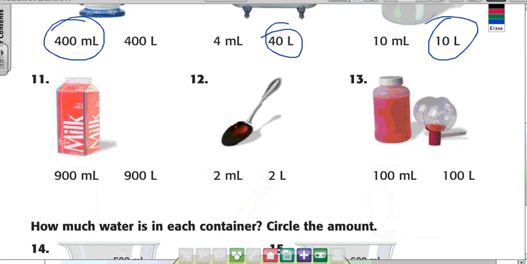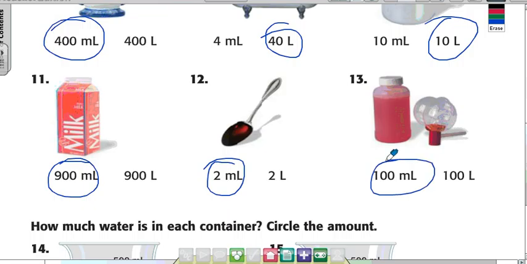So for 11, 12, and 13, that would be 900 milliliters. The 12, a spoon of cough syrup, would be 2 milliliters. Does that look like a 2-liter bottle? No. And then 13, that would be 100 milliliters.